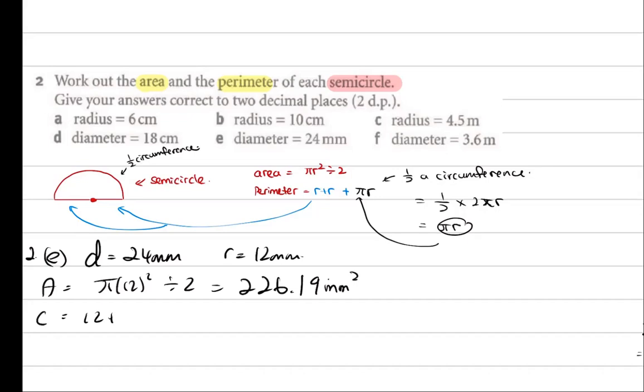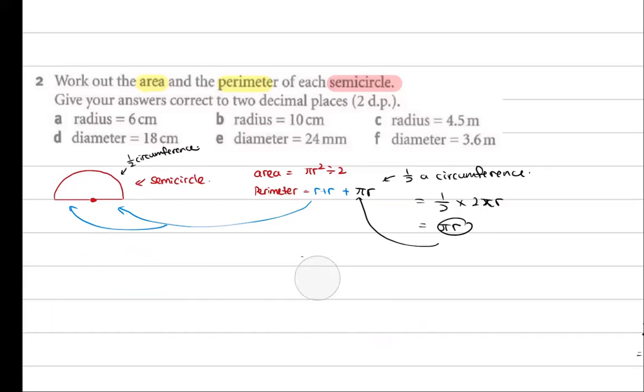Circumference will be 12 plus 12 plus pi 12. And F, last one. Diameter is 3.6 meters. Radius will be 1.8 meters.